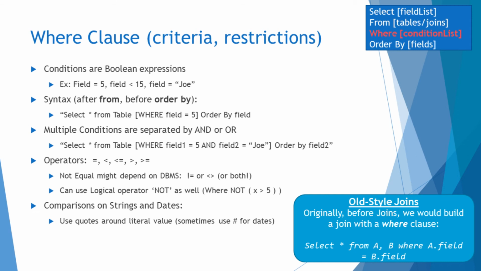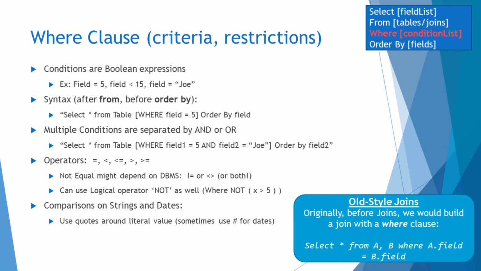So the operators that you can pick from are basic Boolean operators. So your equals, your greater than, your less thans, greater than or equal to. Not equal to depends on your DBMS. Some of them use an exclamation mark and an equal sign.